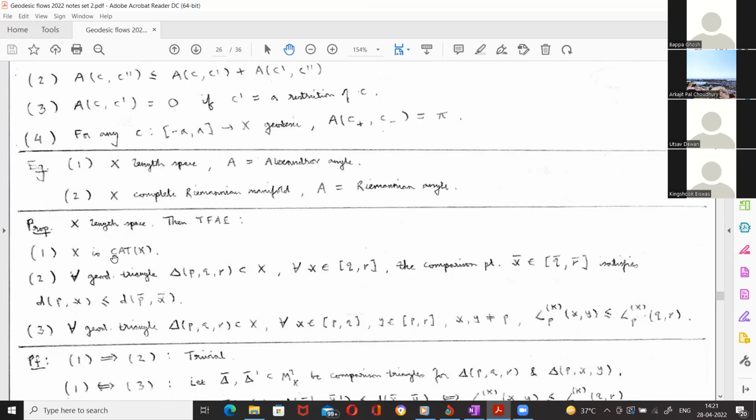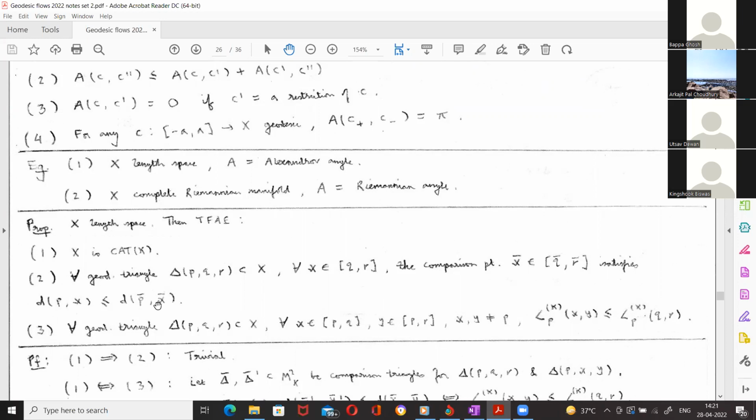One: X is CAT(kappa). Two: for any geodesic triangle delta PQR in X, and for any point X in the geodesic QR, the comparison point X bar in the geodesic Q bar R bar of the comparison triangle satisfies that the distance from P to X is less than or equal to the distance from P bar to X bar.